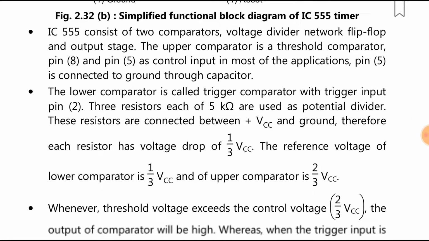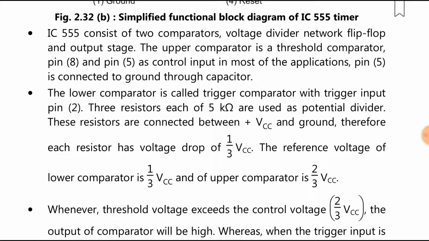The 555 consists of 2 comparators, voltage divider network, flip-flop and output stage. The upper comparator is a threshold comparator, with pin 6 as threshold and pin 5 as control input in most of the applications. Pin 5 is connected to ground through a capacitor. The lower comparator is called the trigger comparator with trigger input pin 2. 3 resistors, each of 5K, are used as potential divider.